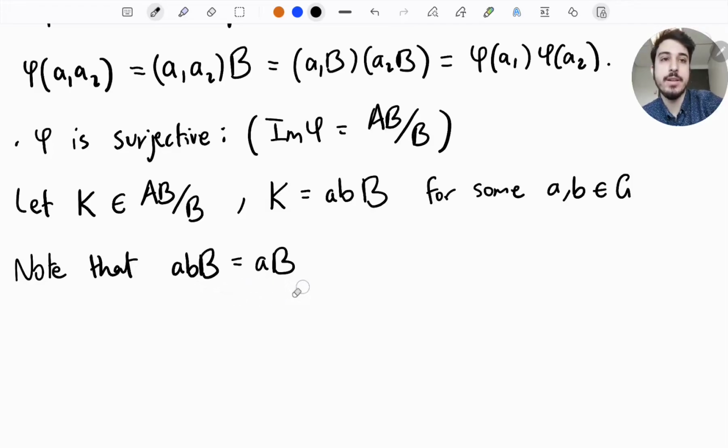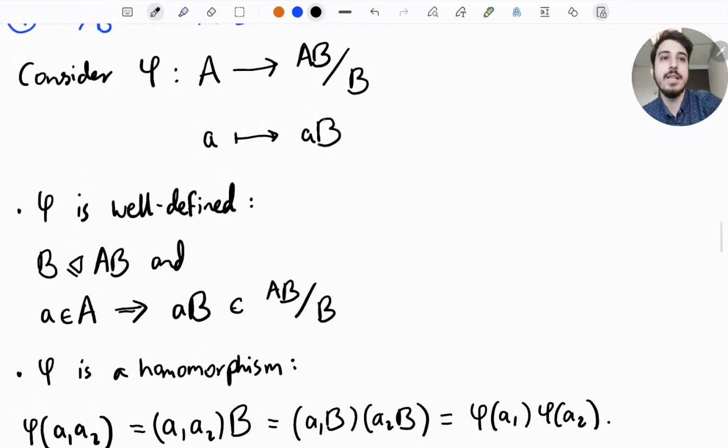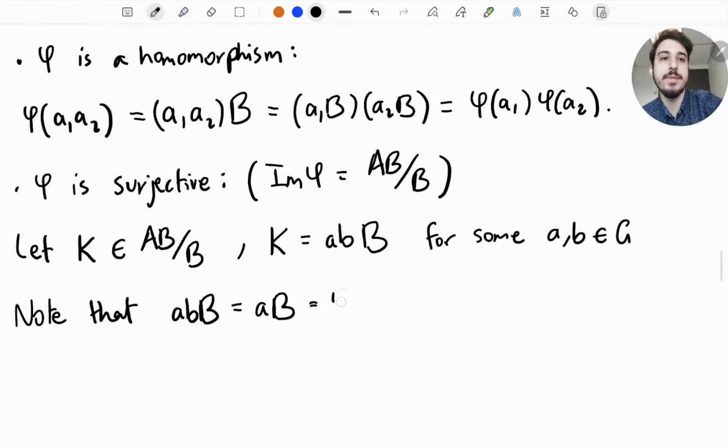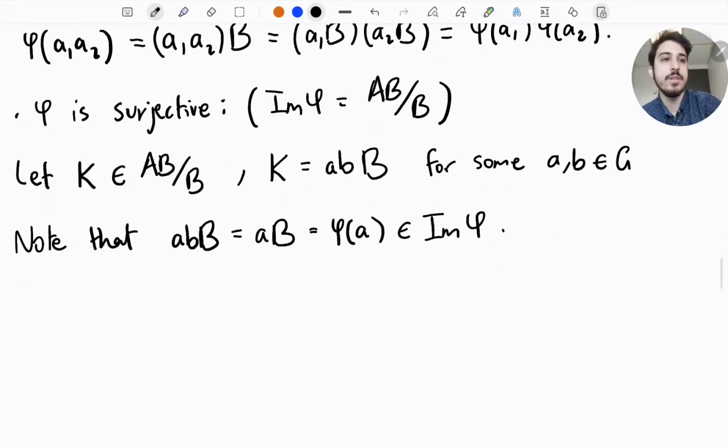So aB here is exactly the image of a by phi. So it is phi of a. And phi of a is in fact inside the image of phi. So this means that any element in the codomain is inside the image of phi. That means that phi is surjective.